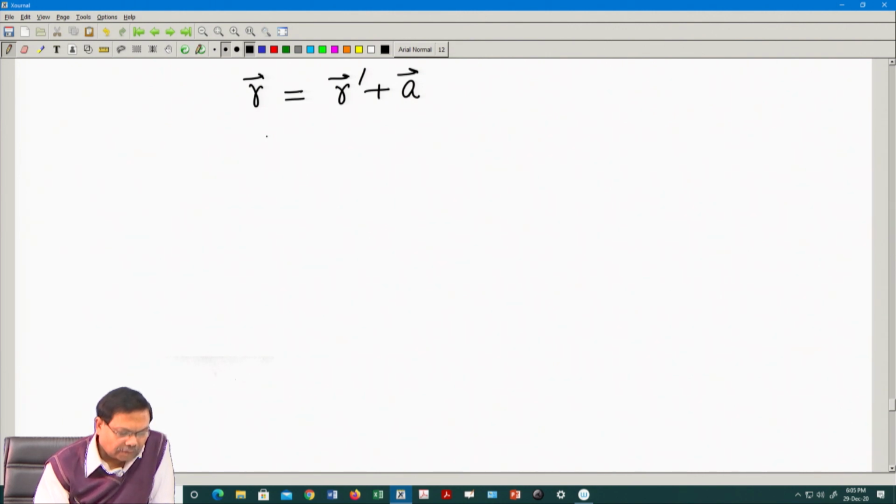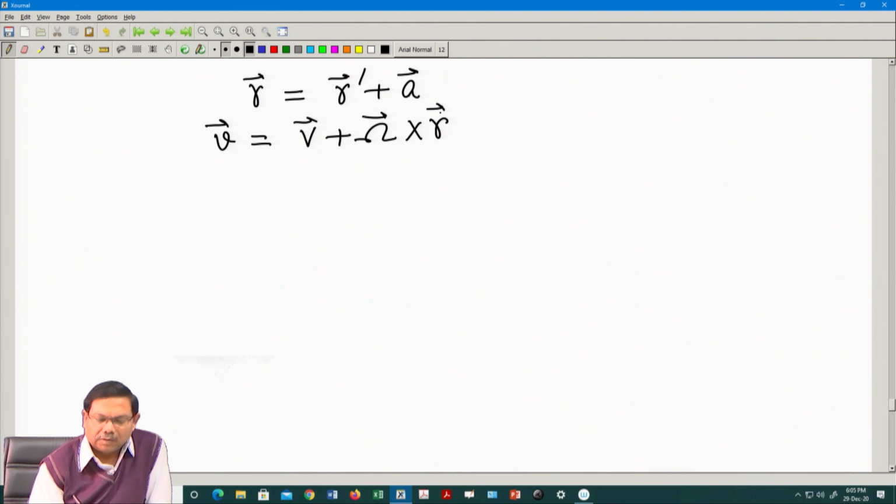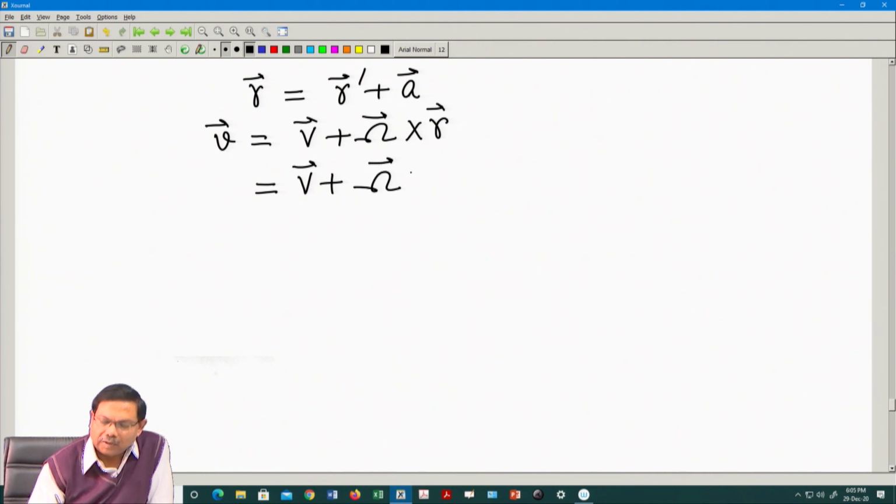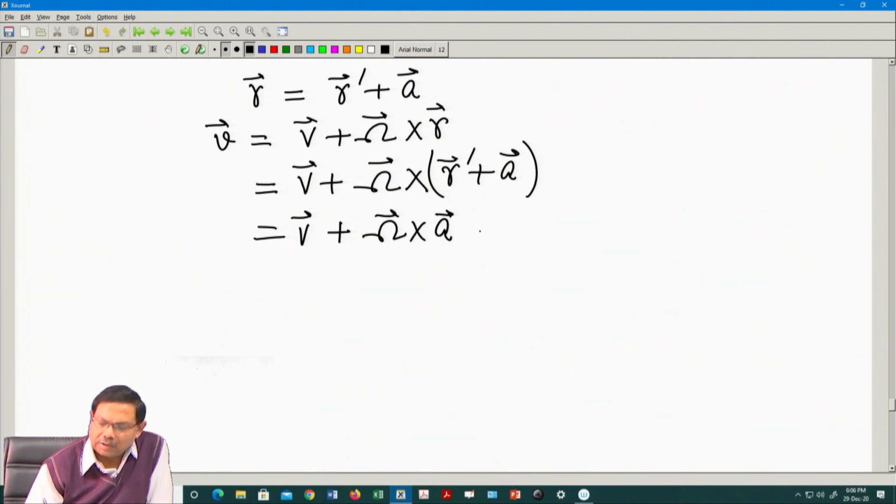So, the velocity that we observed was V plus omega cross r. Now this r has become r prime plus A. So, we write V plus omega cross A plus omega cross r prime.